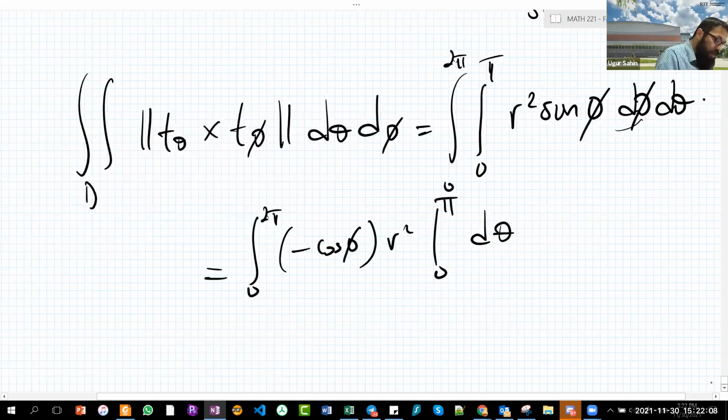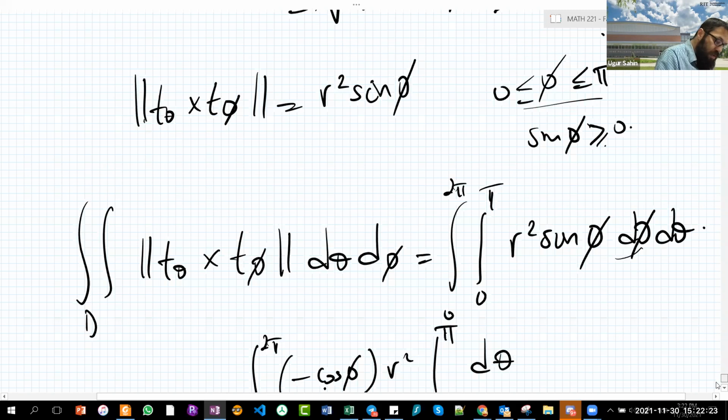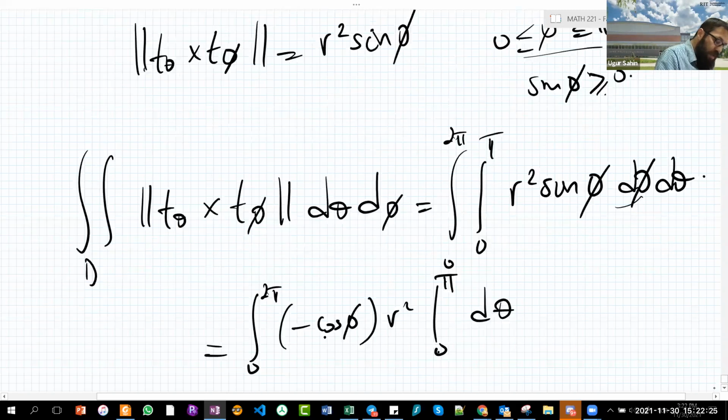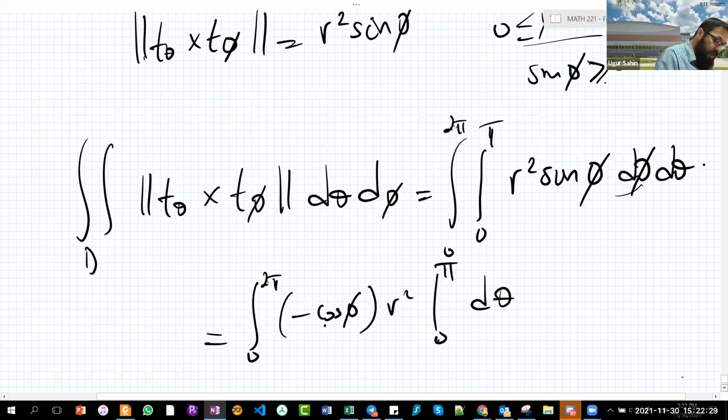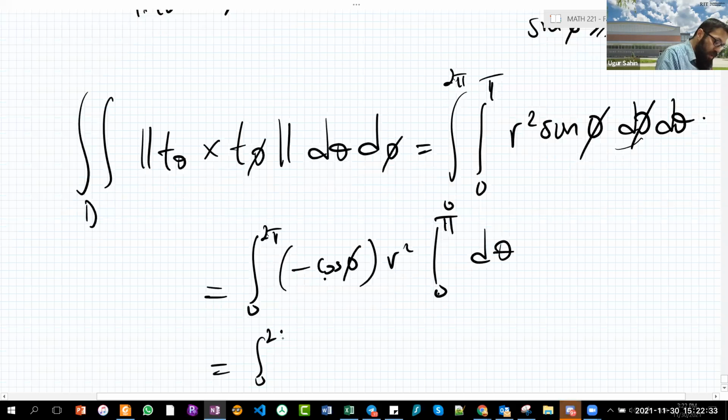If I use the pi, it is going to be 1, and then negative 1. It should give me 2 r squared here, and then d theta.